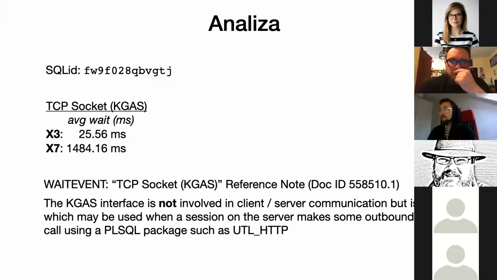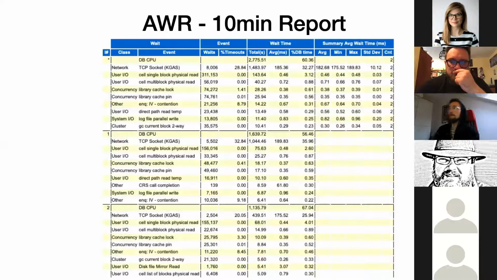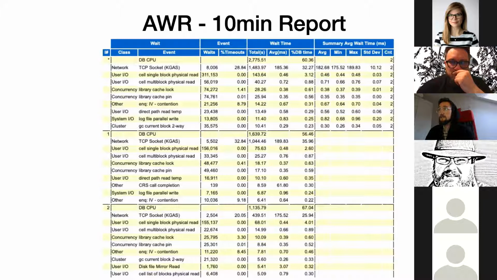So we started to dig deeper. From the AWR 10-minute period report, you can see that in fact TCP socket KGAS is the biggest wait event which that database faced during that report.